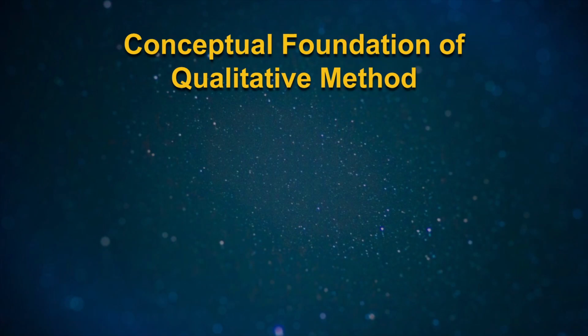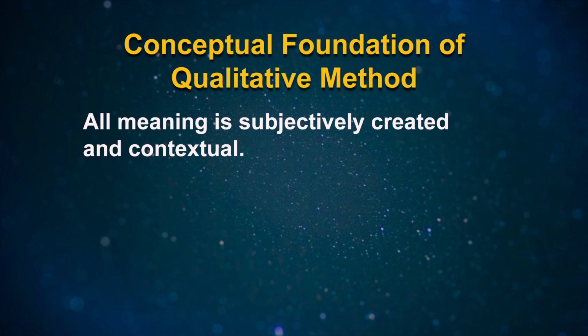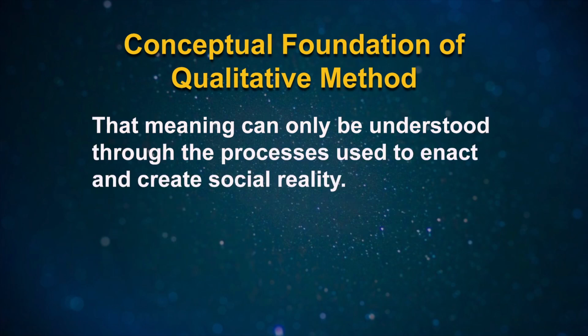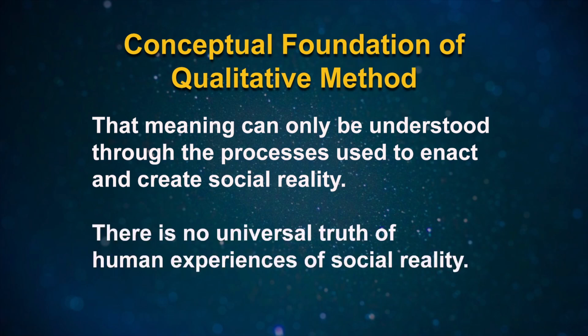Some of the premises on which qualitative researchers build their inquiry are: 1. All meaning is subjectively created and contextual. 2. The meaning is created through the perspective of one who experiences the social reality. 3. The meaning can only be understood through the processes used to enact and create social reality. 4.